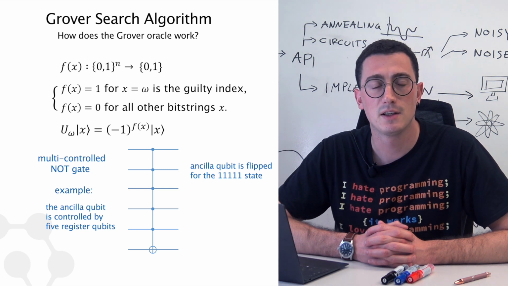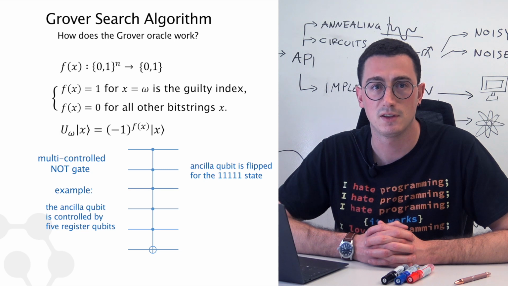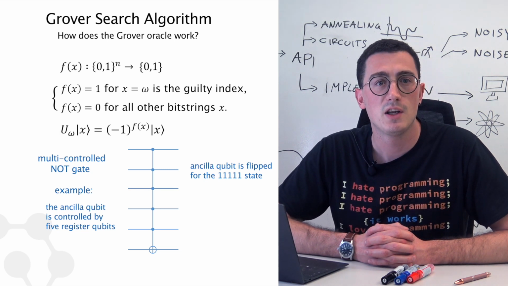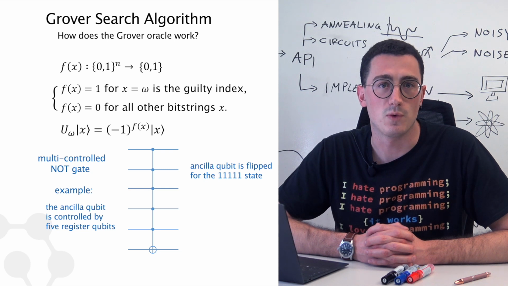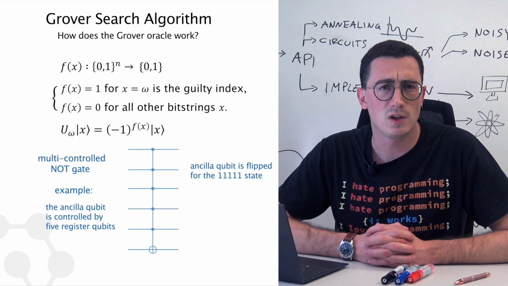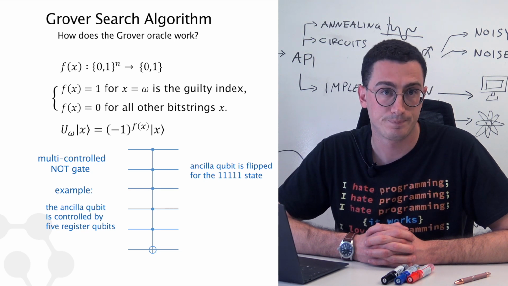This will be true for only one component of the state, the 1, 1, 1, 1, 1, indeed. So, if your guilty state is the 1, 1, 1, 1, 1, well, the game is done. You set a multi-control gate using the input register as a controller, and then you will register a phase flip due to the phase kickback received from the ancilla.